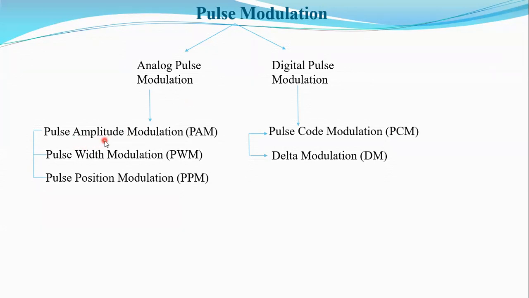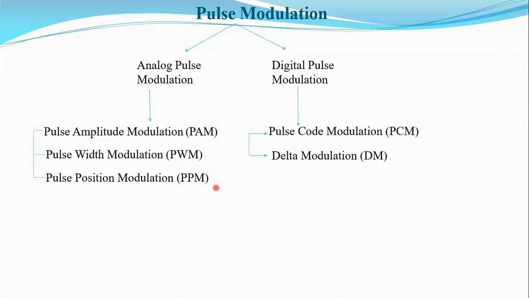The first is pulse amplitude modulation, PAM, and the next is PWM, which is abbreviated as pulse width modulation. The third one is PPM, that is pulse position modulation. So these are the three different types of analog pulse modulation techniques. Let us see them one by one.